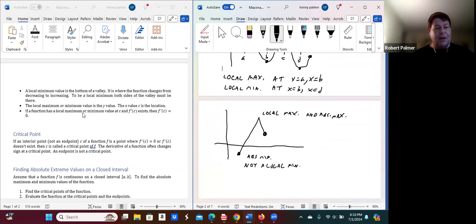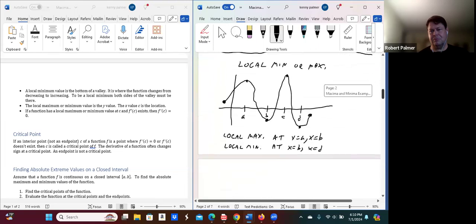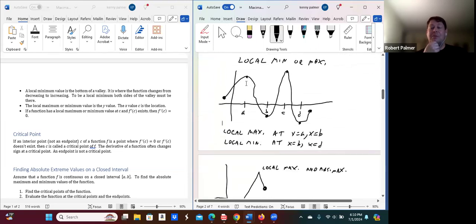So basically, if a local maximum, let's look back at this graph here. Okay, so local maximum like this one, where the function goes from increasing to decreasing.